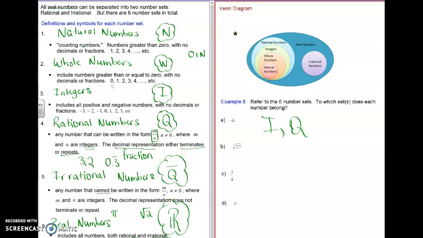Every number that we've studied so far is a real number, so it's included in the real number system. If we have a look at our Venn diagram here, it shows you how the number systems build on each other. So -4 is not in the naturals, it's not in the wholes. It's in the integers, it's in the rationals, and it's in the real number system.